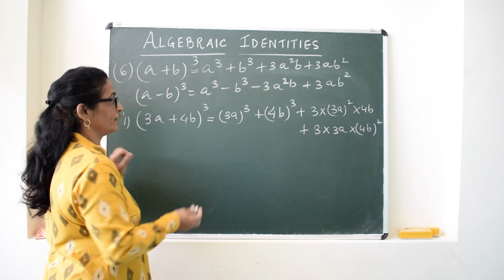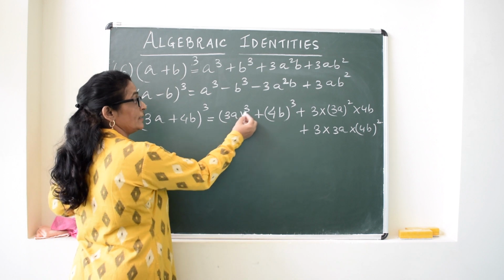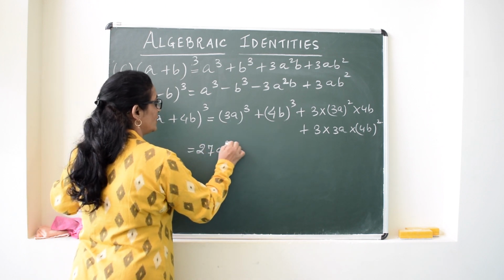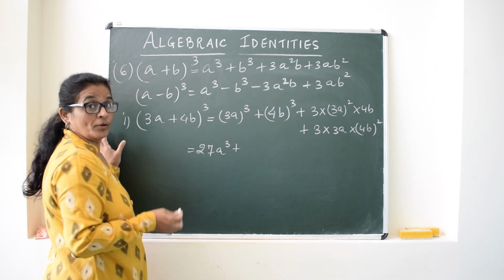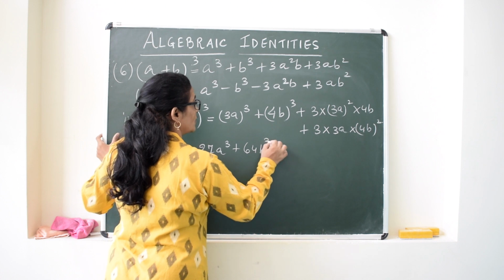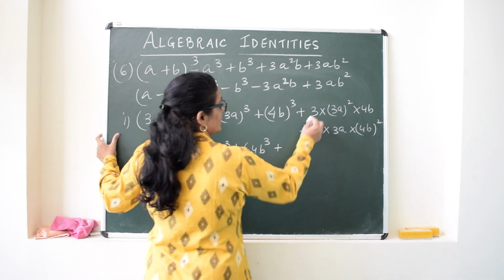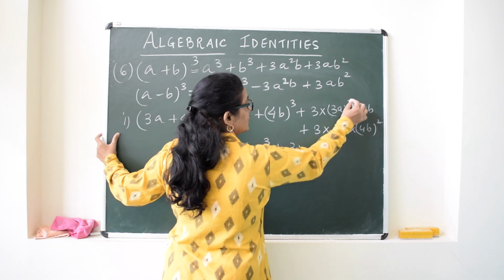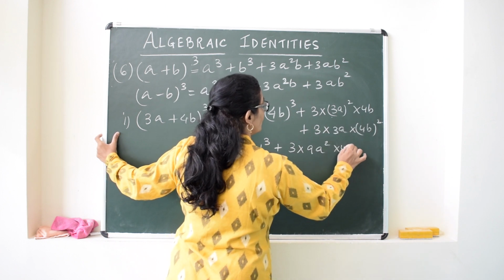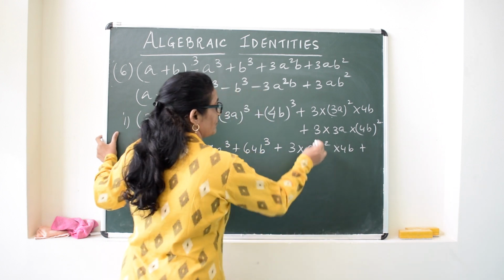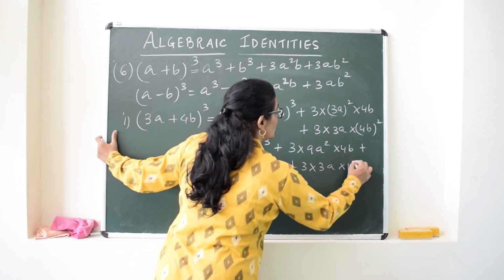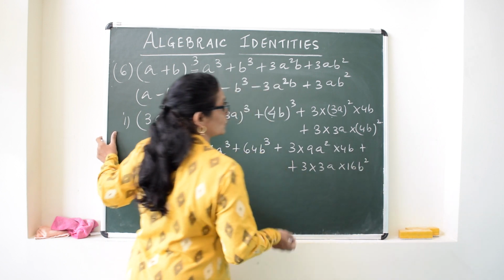Now we'll open the brackets. 3 into 3 into 3 is 27a cube, plus (4b) the whole cube. 4 cube is 64b cube, plus 3 into 3 threes are 9a square into 4b, plus 3 into 3a into 16b square.